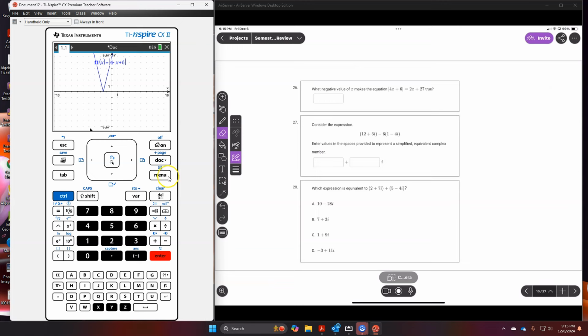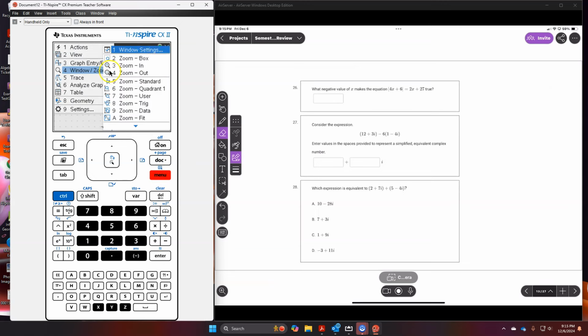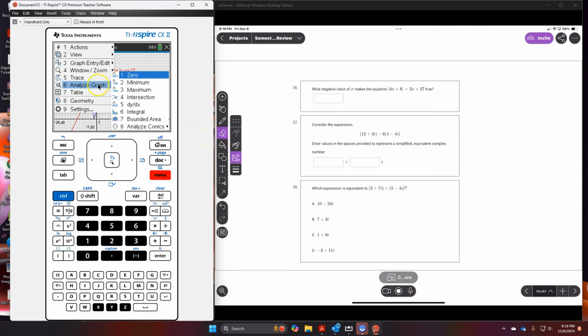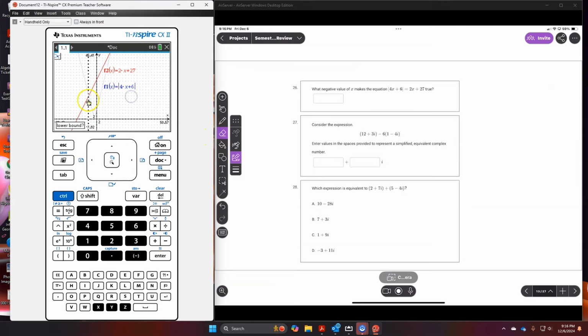You're not going to see the line, so if you want to, you can zoom out. Now we're interested in the negative value, so the negative value is right here. So go to menu, analyze graph, intersection. So this one is a negative value, so you notice it's negative 5.5. So in Eduphoria, you would type negative 5.5.